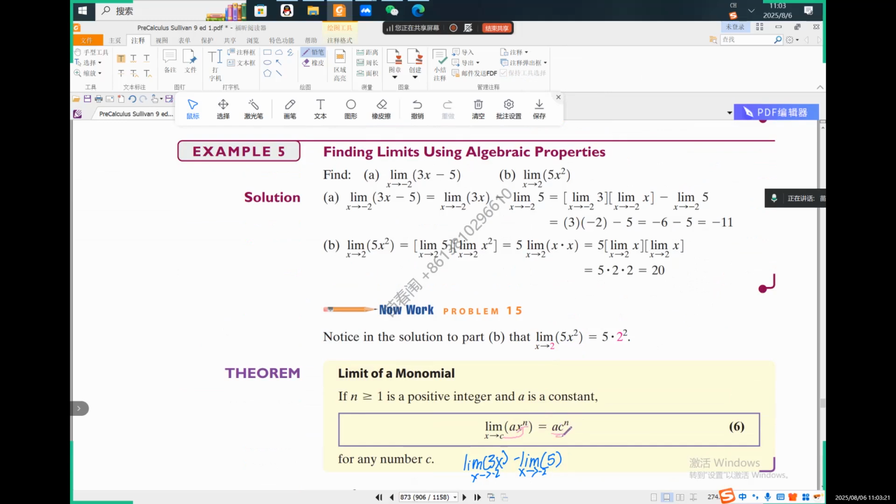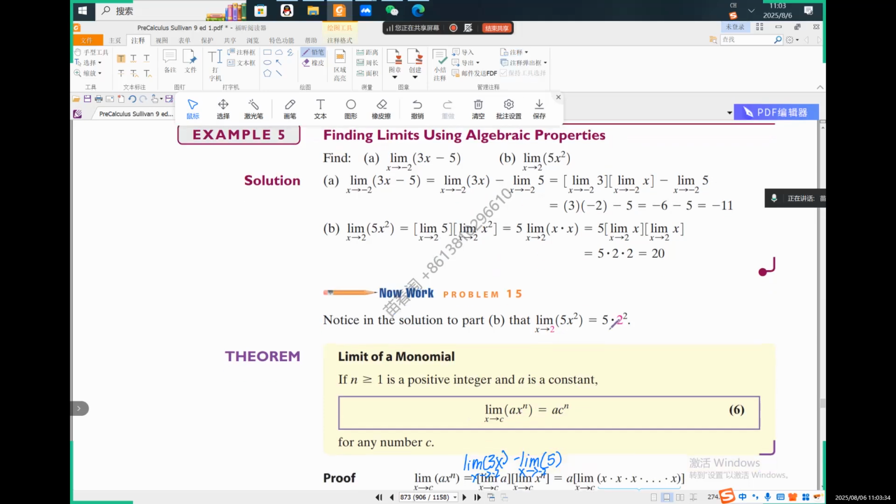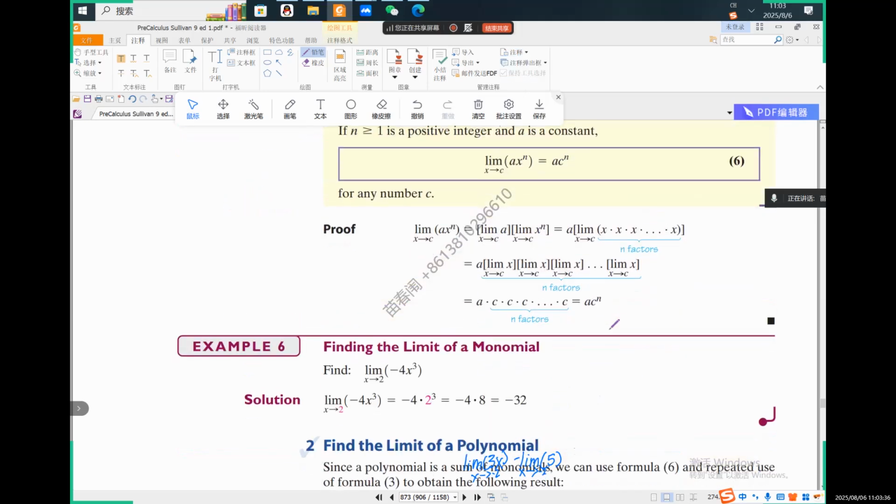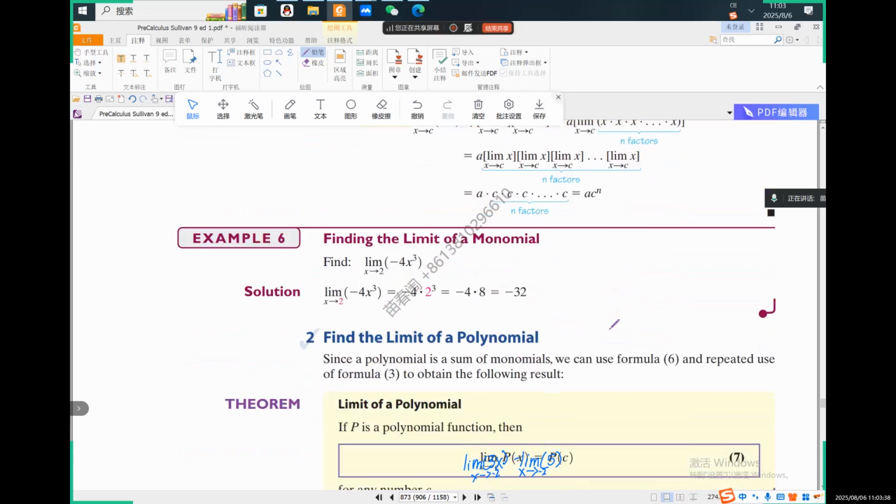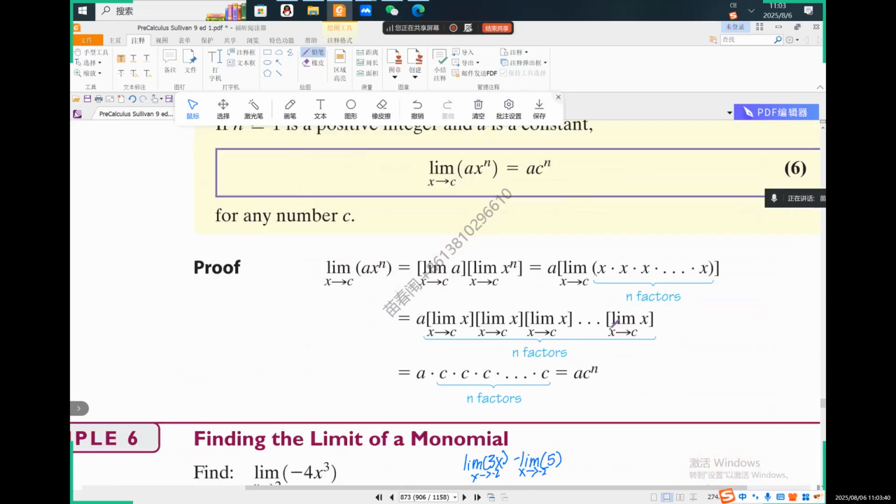So the limit is a c to the n-th power. Does it make sense? Yeah, okay. That's making sense a little, right? Then I don't have to prove it. This is the proving, so I don't really need the proving if you think it's making sense.